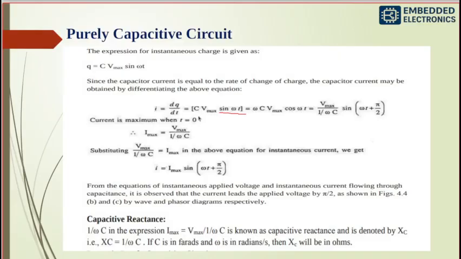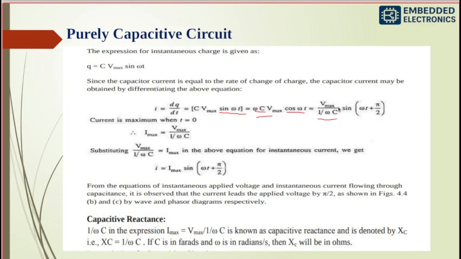So therefore V max, then you can write omega C as 1 by omega C, that is both are the same. Then cos omega t, you can write as sin of omega t plus pi by 2.